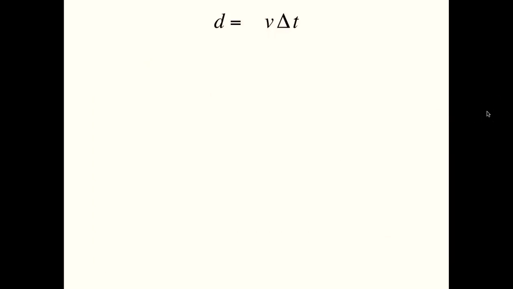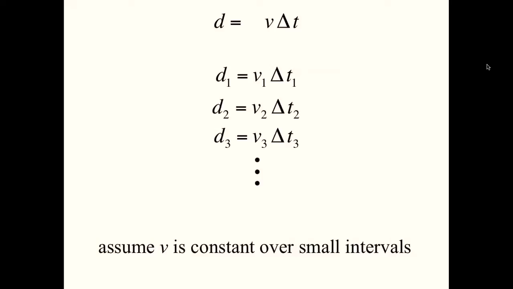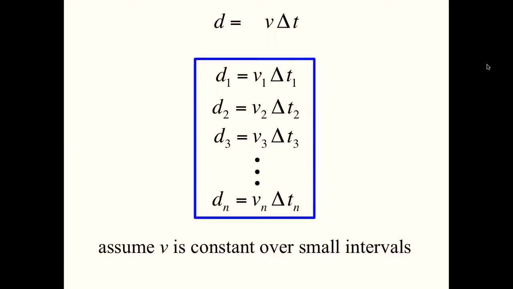We're using the formula for constant speed, even though the speed is not constant. And we're assuming that the speed is constant over really, really small increments of time. And then we calculate the distance for every single tiny little increment or interval, delta t, and we add all of those up.